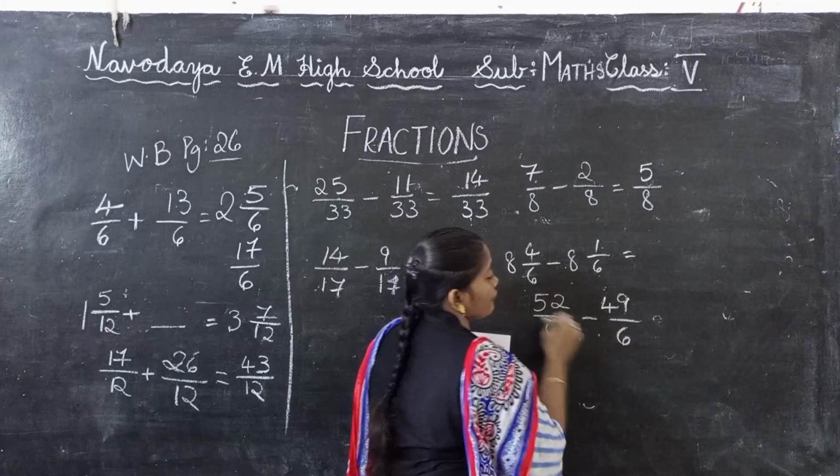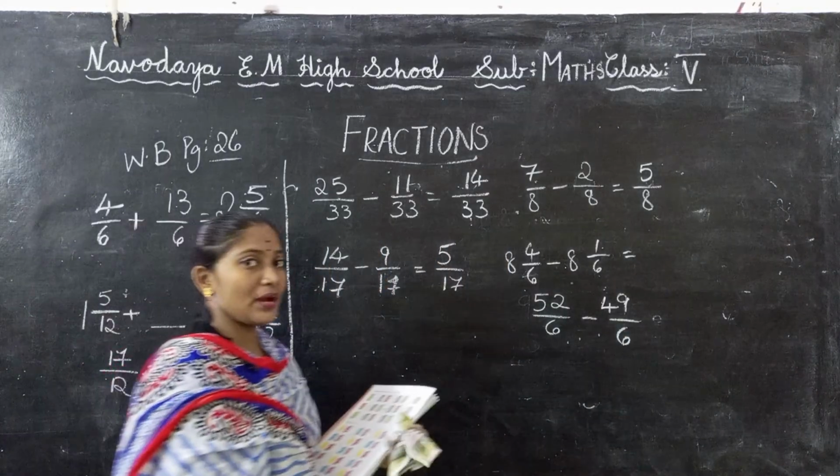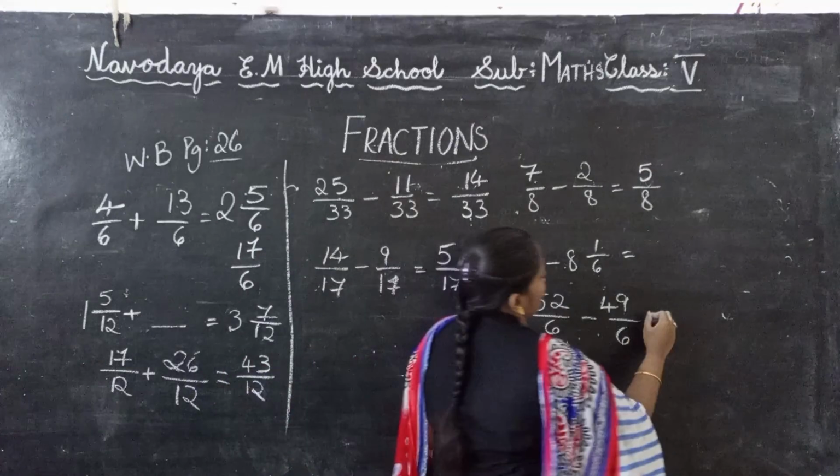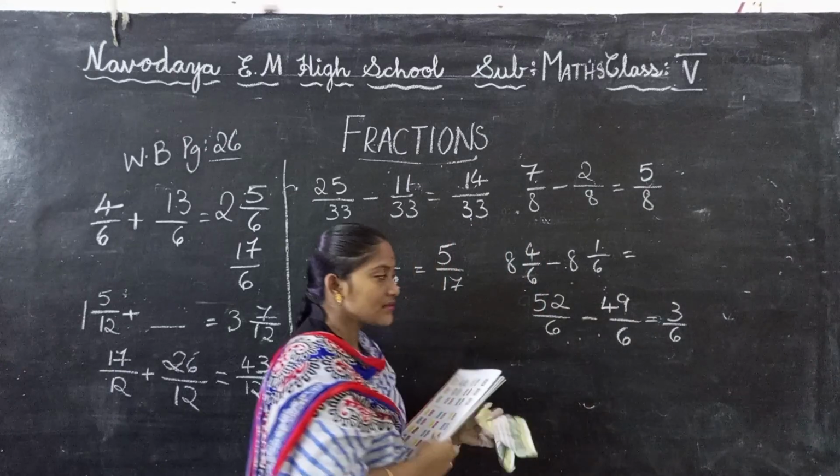So it's 52 upon 6 minus 49 upon 6. 52 minus 49 is 3. It's 3 upon 6.